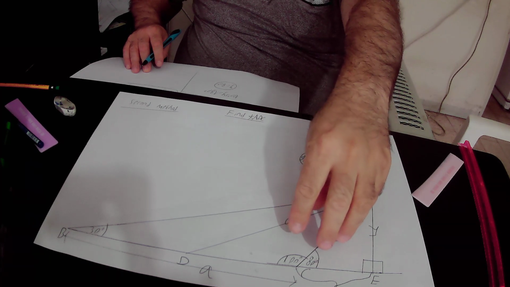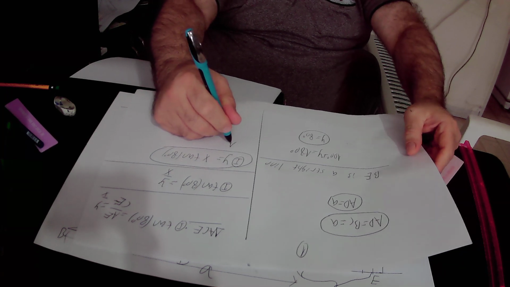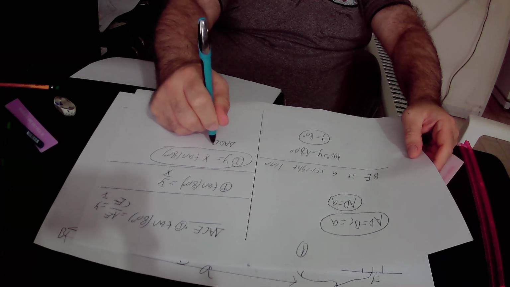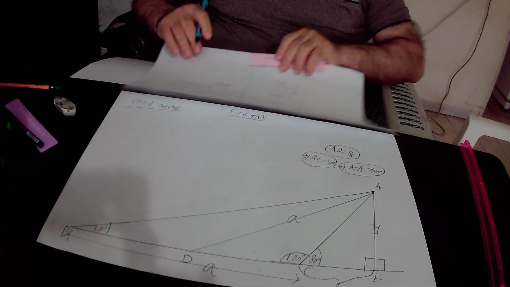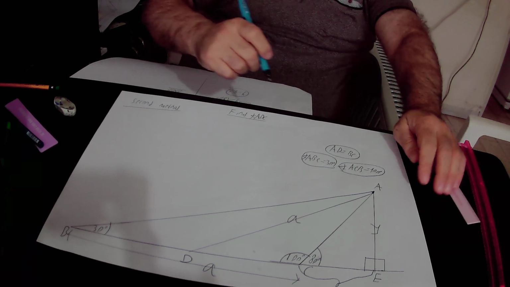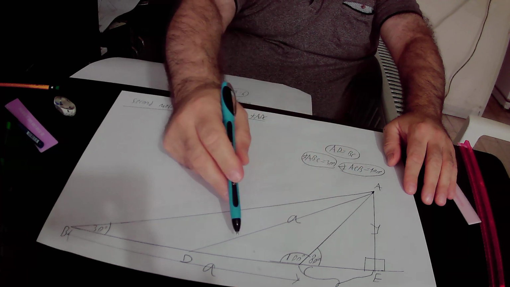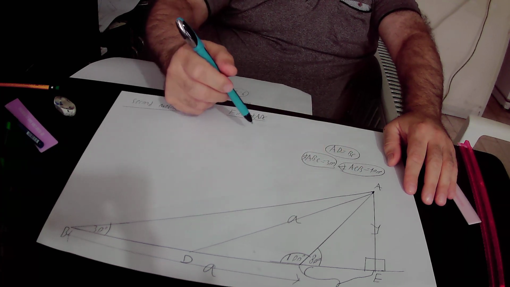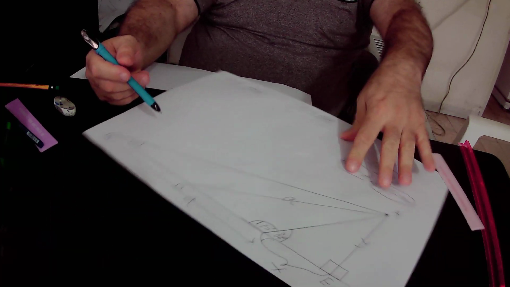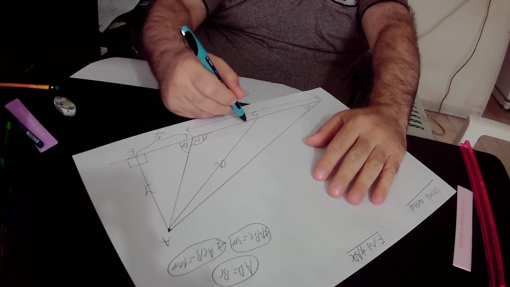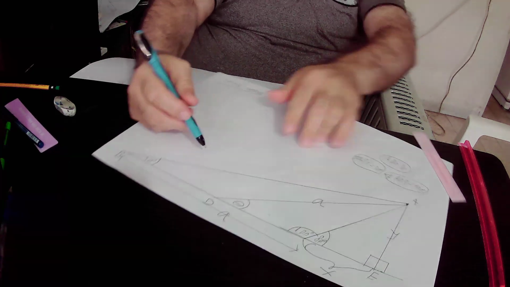In this right triangle ADE, we will define angle ADE, the angle that we are looking for, as angle theta.